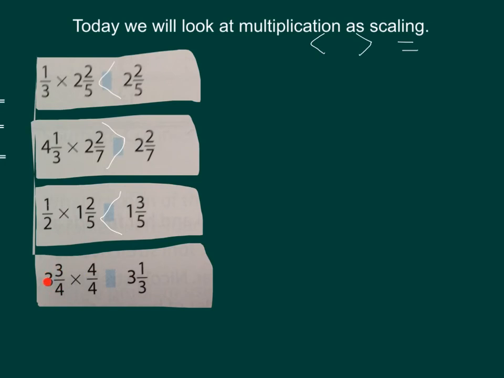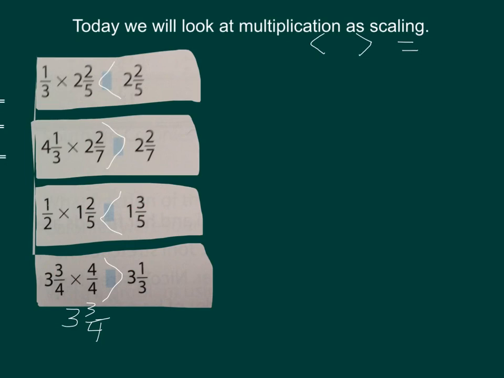So we know that 3 3/4 times 4/4 equals 3 3/4. So that tells me right away that the left side is going to be greater than, so 3 3/4 times 4/4 is greater than 3 1/3.